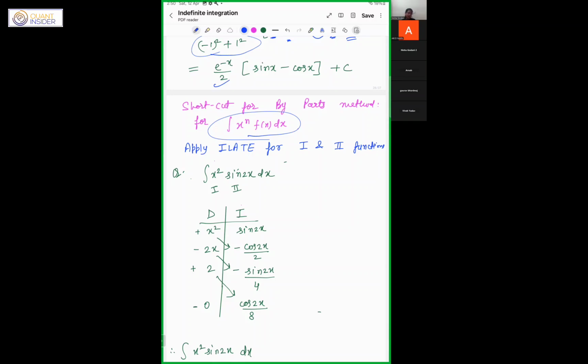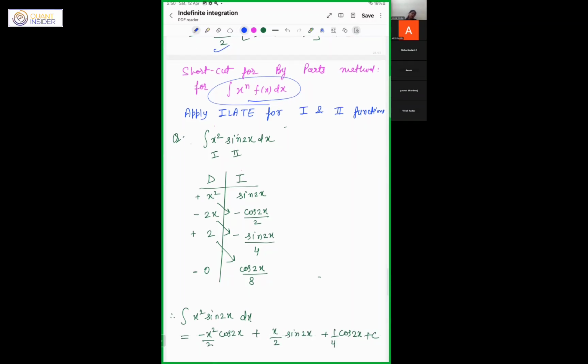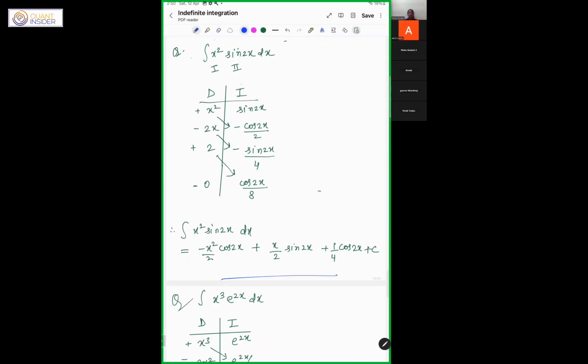And you will also like this. If you want to find the integration of x squared sine 2x, when you use by part method, it will be done in 2 or 3 steps. But when you do it by this shortcut, it will be done in only one step.